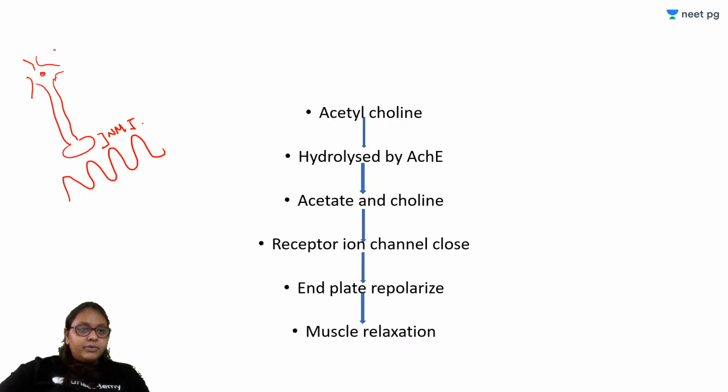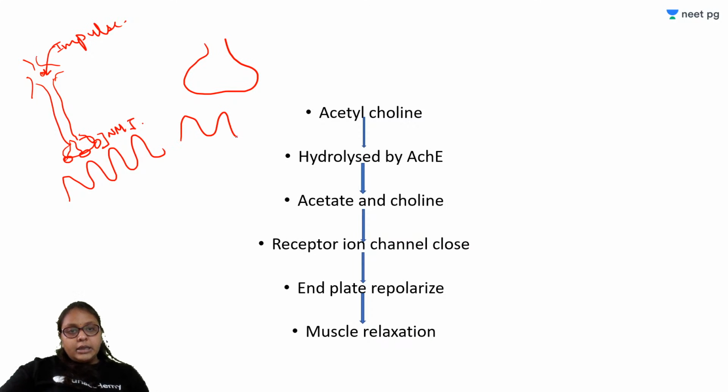Now, whenever the impulse comes, this impulse is propagated to the dendrites. ठीक है, dendrites, और यहाँ पे dendrites में synaptic knobs होते हैं. और इसको अगर मैं zoom करूँ तो ये एक synaptic knob हो गया, which is the nerve terminal. इधर synaptic vesicles होते हैं. ये synaptic vesicles के अंदर क्या होता है, that is acetylcholine.